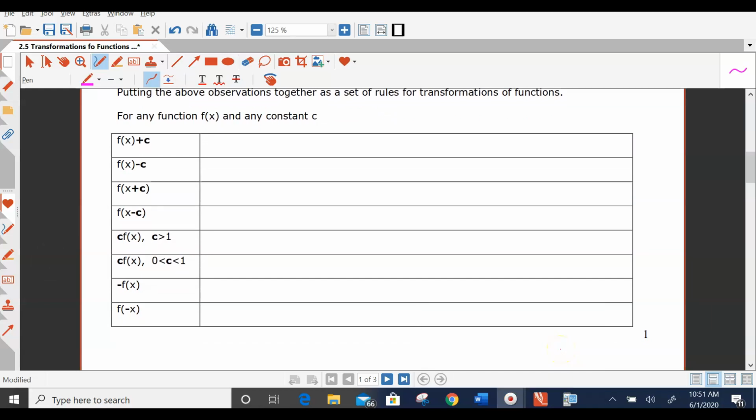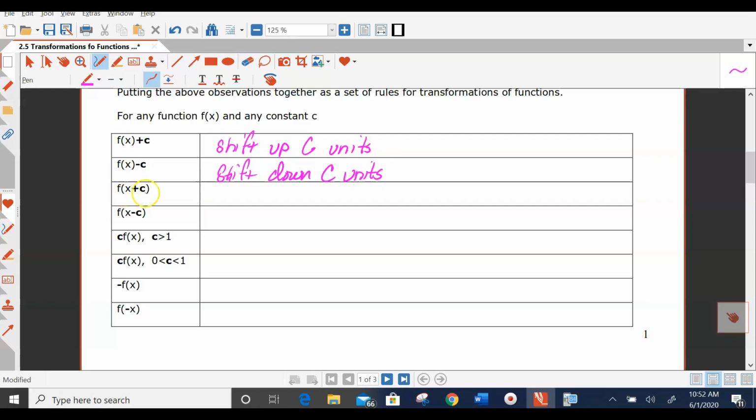There we go. All right, so in general terms, if I take a function and add a constant to that, what I'm going to see is a shift up C units. If I take my function, subtract a number from it, what I'll see there is a shift down C units.